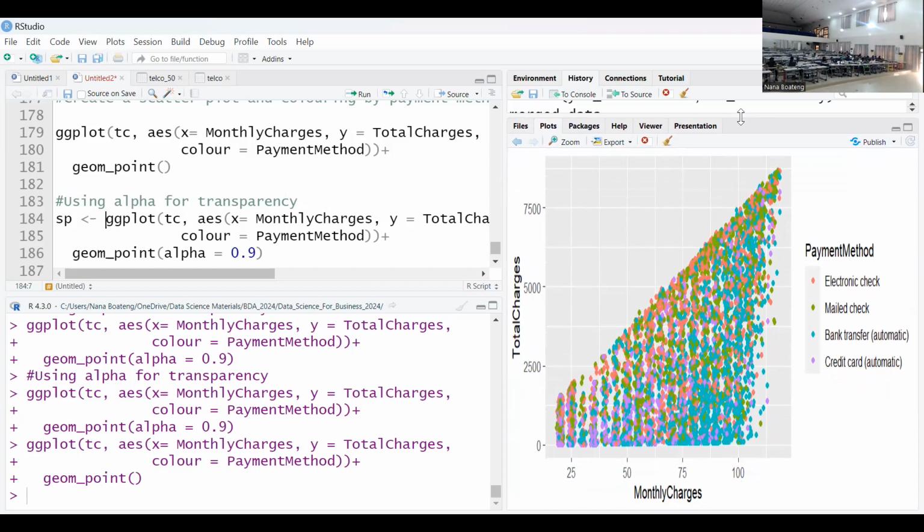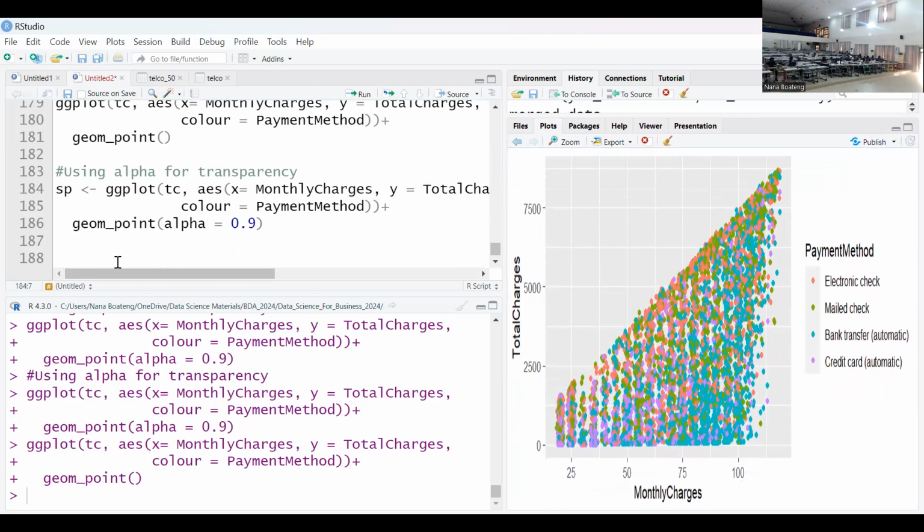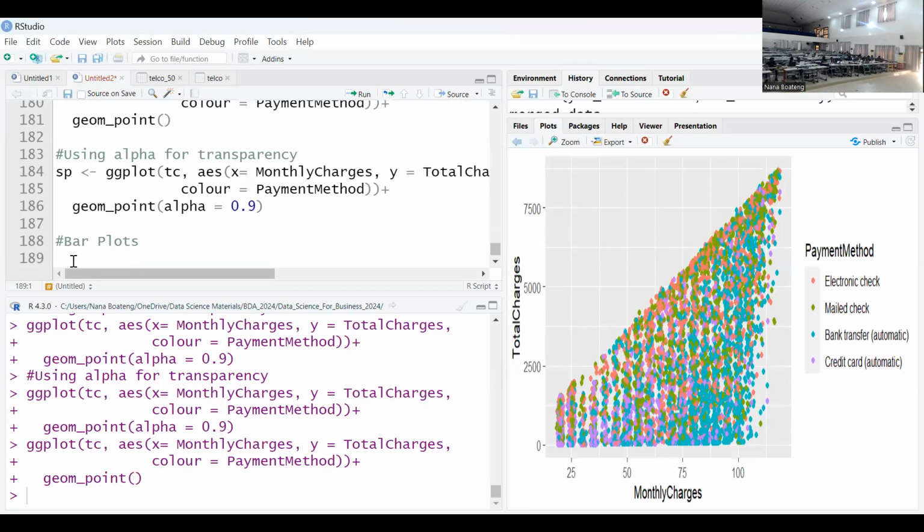All right, okay. So let's see some other plots. Let's create a bar plot quickly. So bar plots. It's the same thing. ggplot is very easy, so far as you know that whenever you are ggplotting, you need your data, your aesthetics, and then the geometry, that's all.